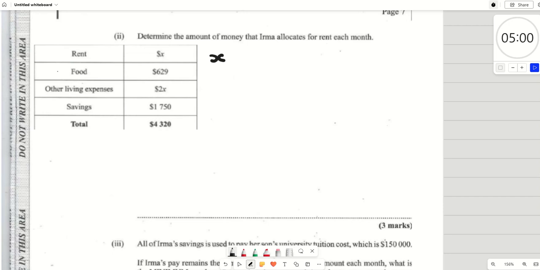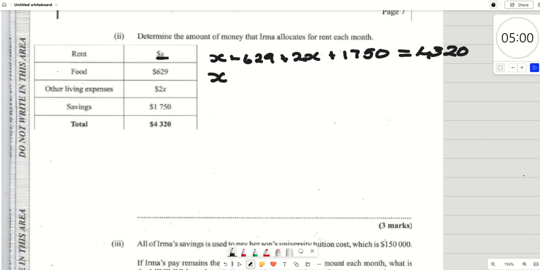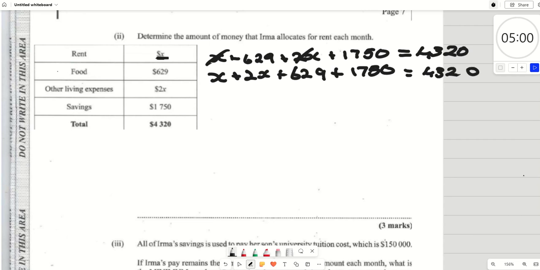So if you add X plus 629 plus 2X plus 1,750, all of that's supposed to equal 4,320, right? So basically, we're trying to find out how much she pays for rent each month, so we're solving for X, right? So let's just add up everything. We have X plus 2X, plus 629 plus 1,750 is equal to 4,320.